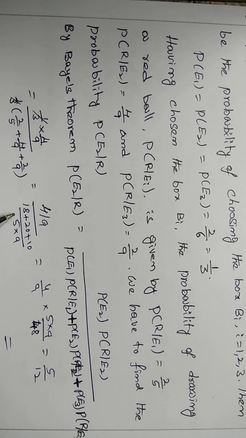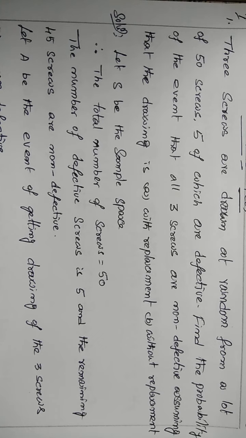That is equal to 4 by 9 divided by, taking LCM and simplifying, (18 plus 20 plus 10) by 5 into 9. That is equal to 4 by 9 into 5 into 9 by 48. 9 gets cancelled, and 4 into 12 times. That is equal to 5 by 12. In this case, we are using Bayes' theorem.